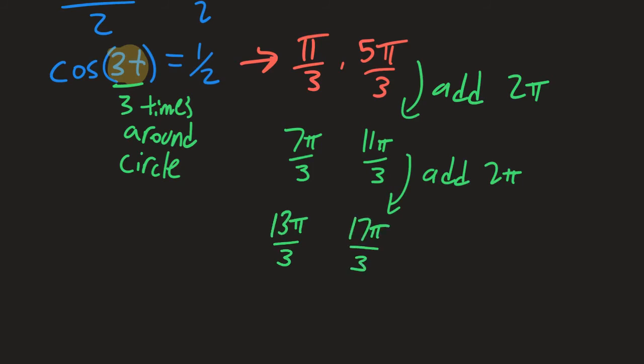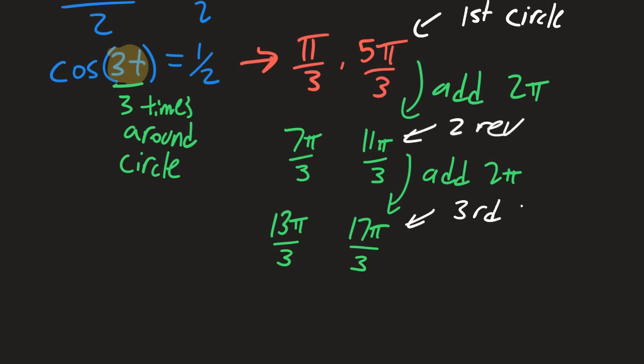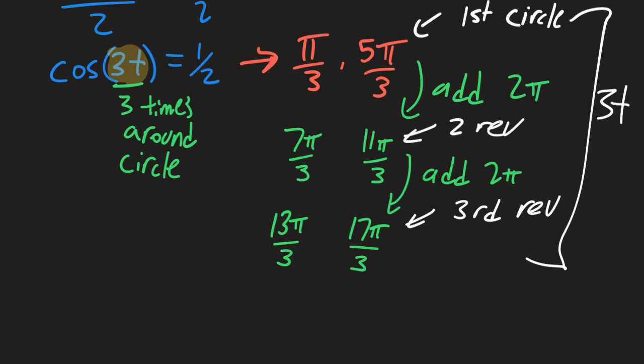Now you can tell that in red, I've got the first circle. Then I have 2 more circles. So this is the second revolution, and this is the third revolution. And these values are all equal to 3t.